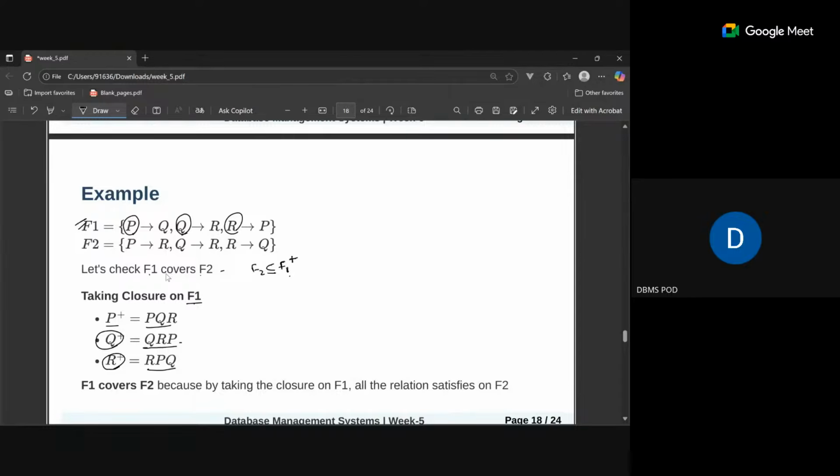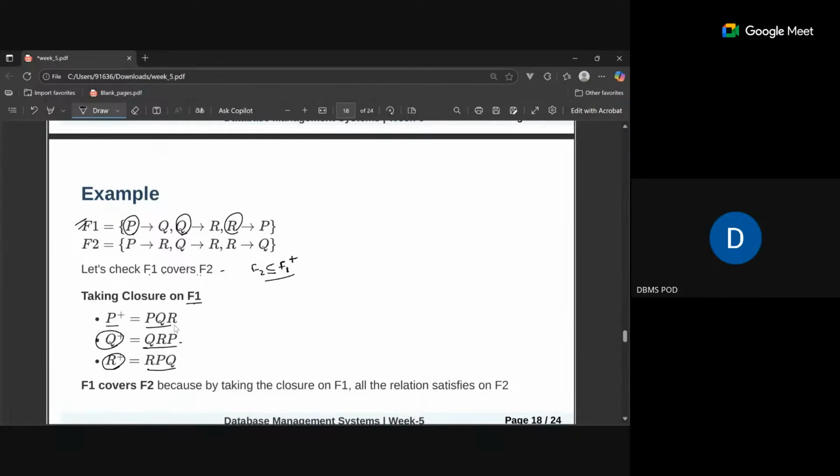I'm not checking whether this is covering F2 or not. As of now, what I did is take the F1 closure, and these are all the closure values you got. Now let's check whether this covers F2 or not. This is a simple way to check in an easier way. I think so far it's clear, right? Yes, sir.